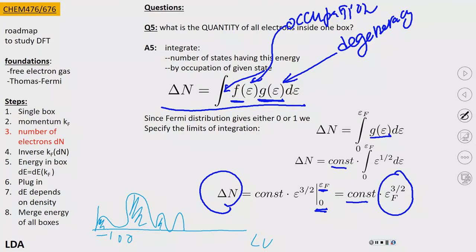And if you calculate the area under this curve, the integral of DOS of epsilon from minus infinity to the energy of HOMO, what do you get?